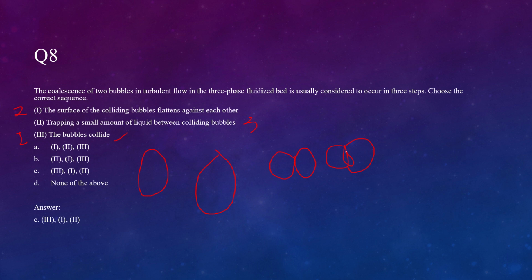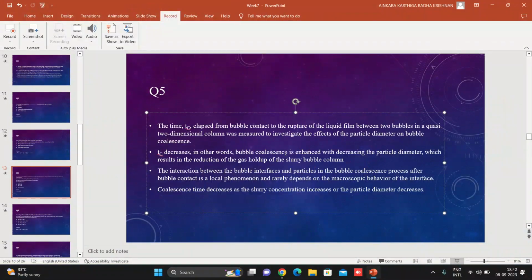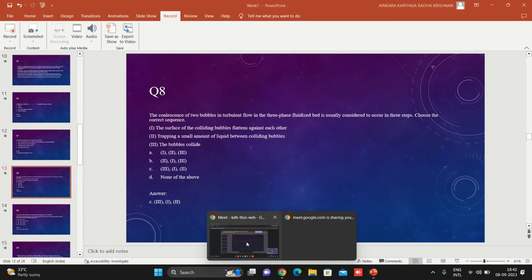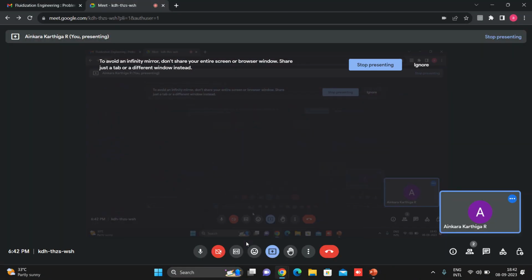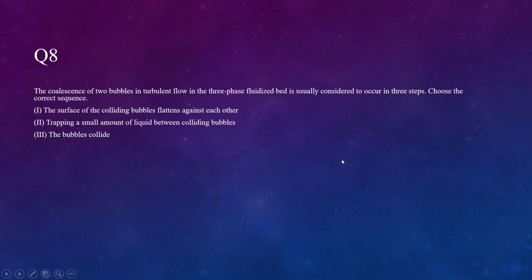So option C is the right answer, that is 3, 1 and 2. First the bubbles collide against each other, and the surfaces of the colliding bubbles flatten against each other and trap a small amount of liquid between them.